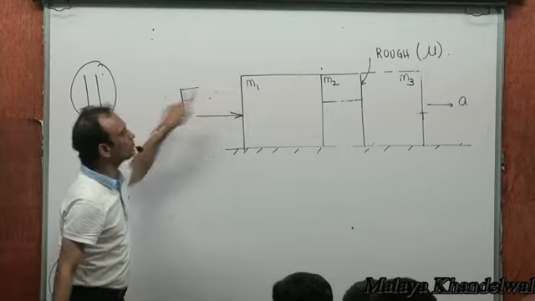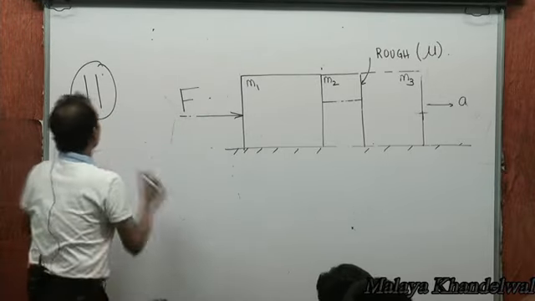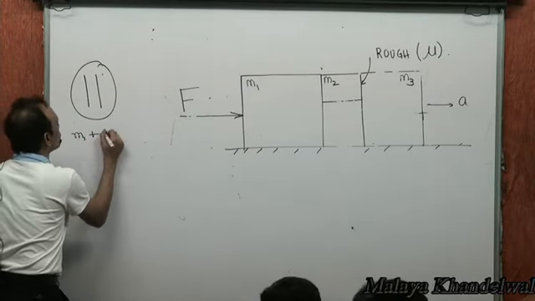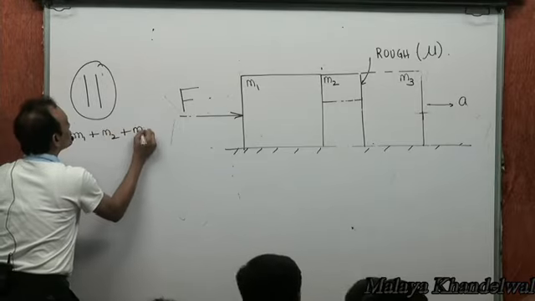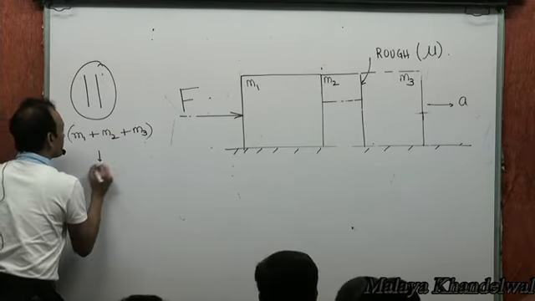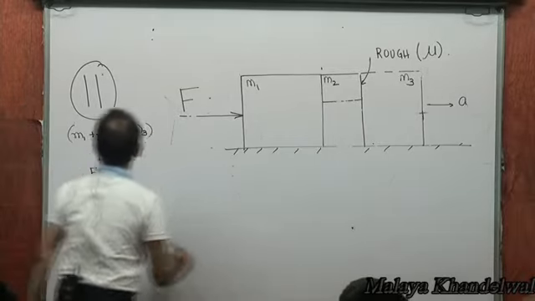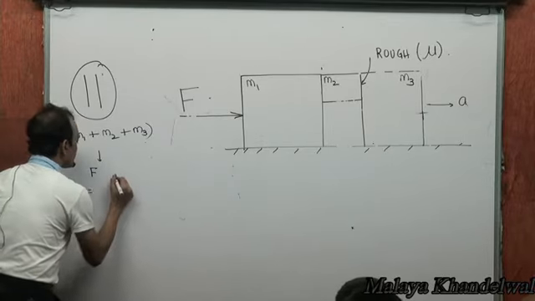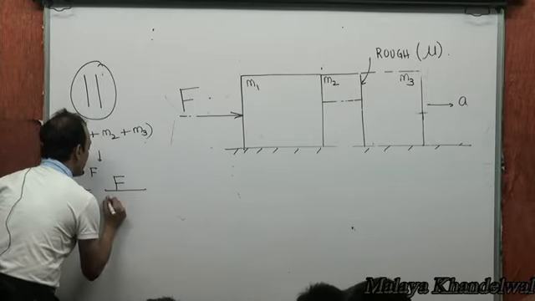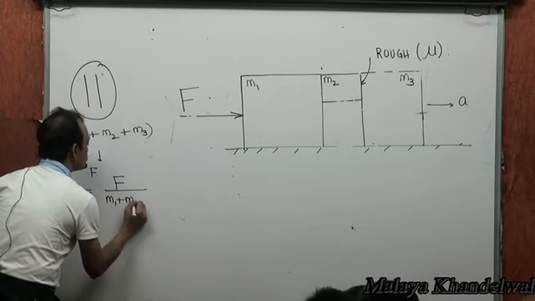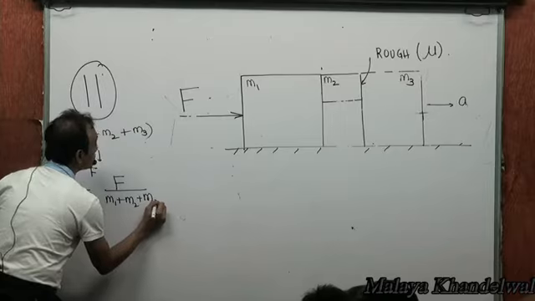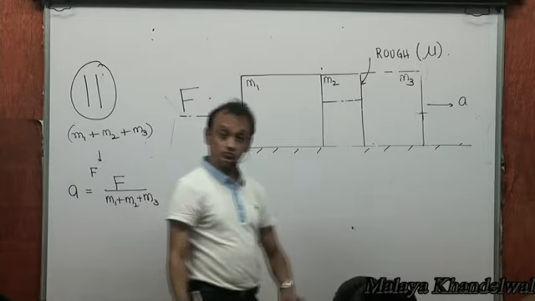The only horizontal force acting on the system comprising M1 plus M2 plus M3 is F, causing the system to have a common acceleration a equal to F divided by M1 plus M2 plus M3. So far so good?